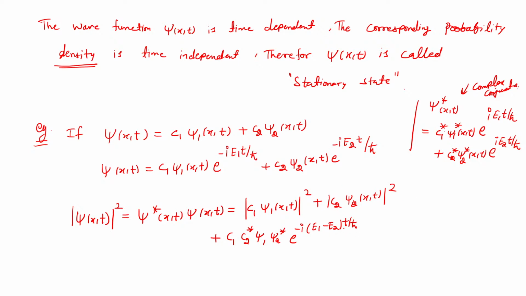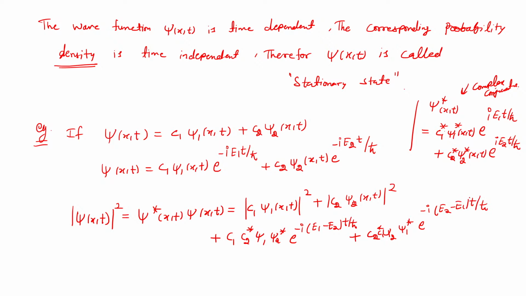Here there is a time factor coming basically. This is not time independent now. Similarly here you get C2 C1 star psi 2 psi 1 star, and exponential of minus iota (E2 minus E1) t upon h cut.